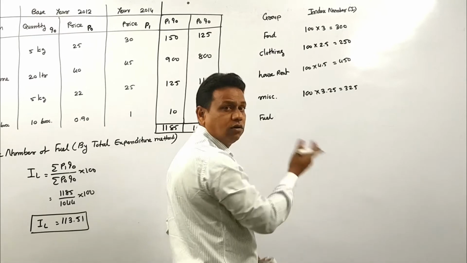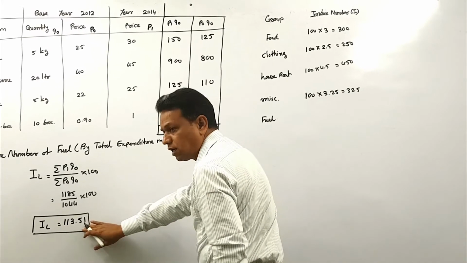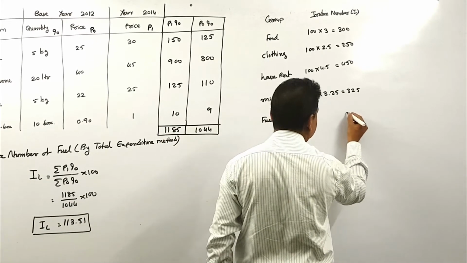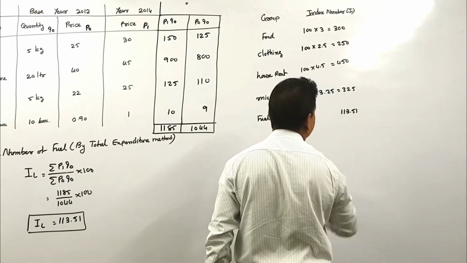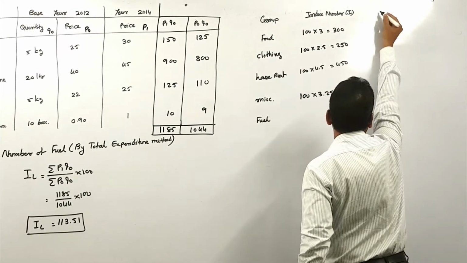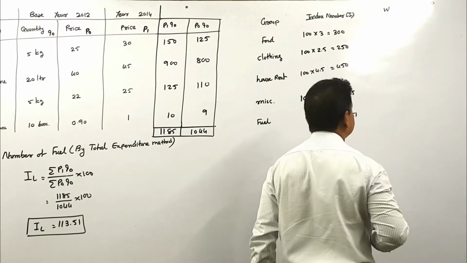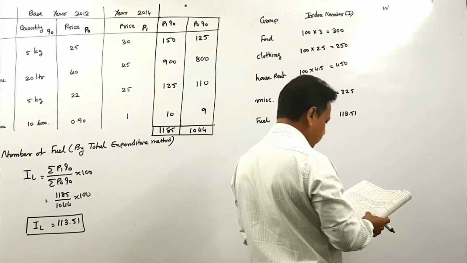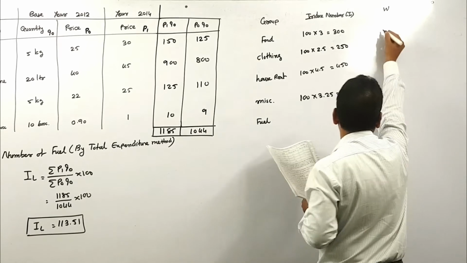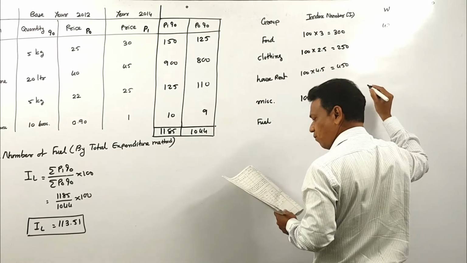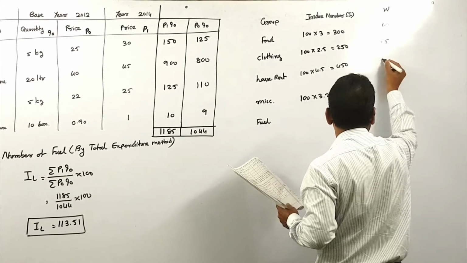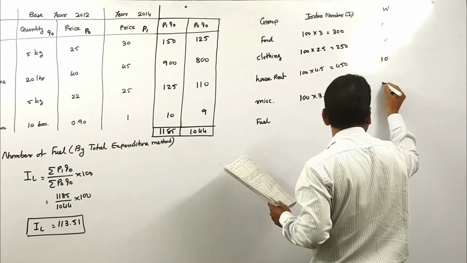And for fuel, we have a direct answer, 113.51. Then they have given percentage expenses, which is taken as W. So we have the percentages 42, 15, 10, 12.